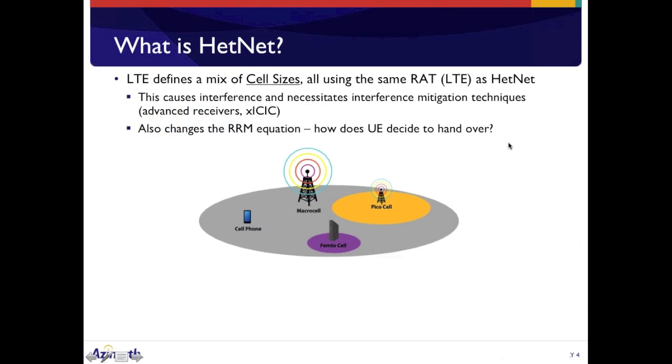Hi, thanks, Vivek. This is Charles Wright. It's nice to be able to give you this presentation today. So I guess the big question is, what is HetNet? Now, in LTE, what it really means is we have a mix of different cell sizes that are using the same radio access technology, that of LTE.